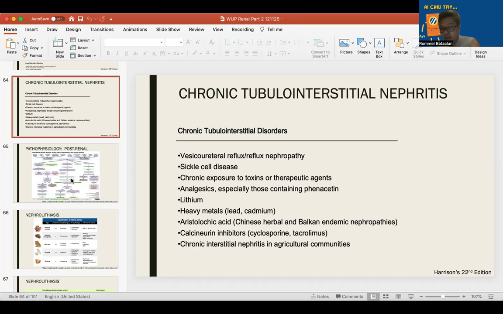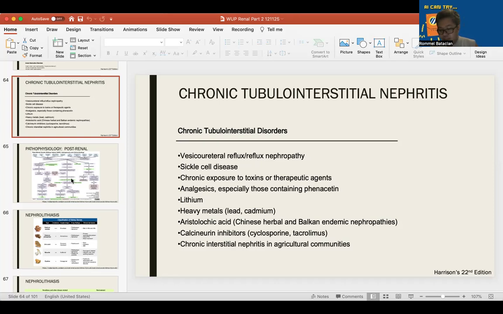On laboratory findings, it could present with nocturia, polyuria, renal tubular acidosis, hyponatremia, hyperkalemia, and hypophosphatemia. It can also present with mild proteinuria and microscopic hematuria on urinalysis.